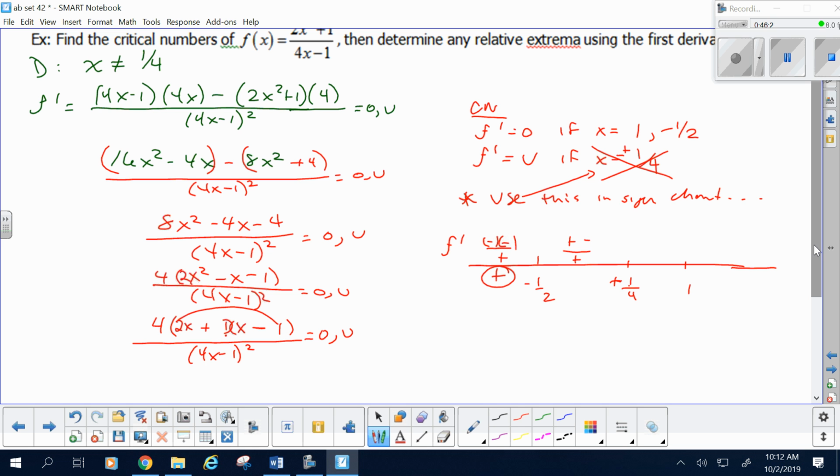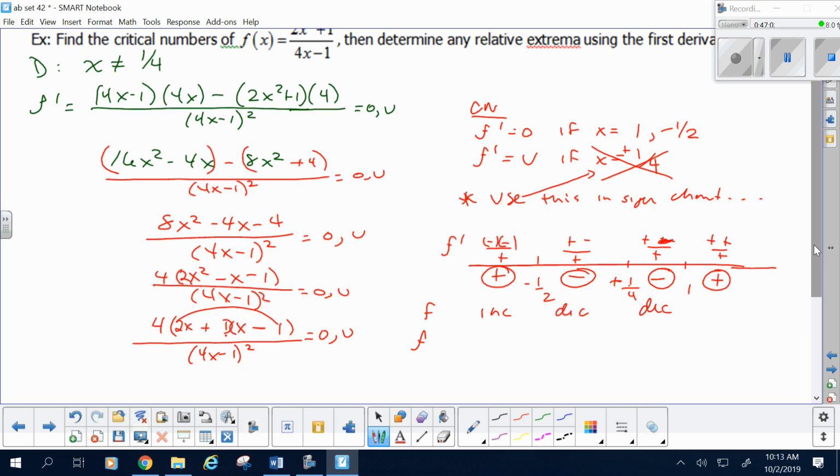So that region is negative. The function is decreasing. Increasing, decreasing. From 1/4 to 1, maybe 2 1/2, that's still negative, sorry. So that's still decreasing. And then after 1, I've got positive, positive, positive. That's positive.